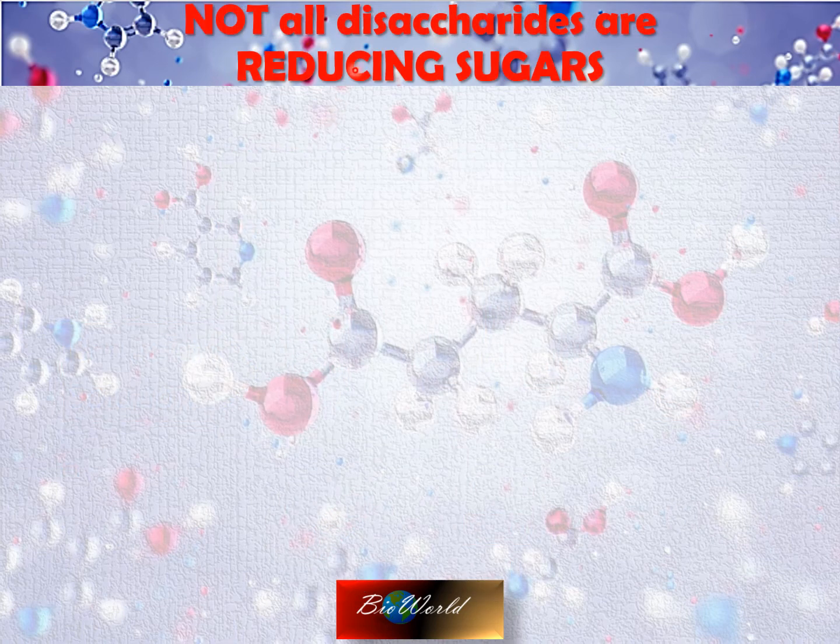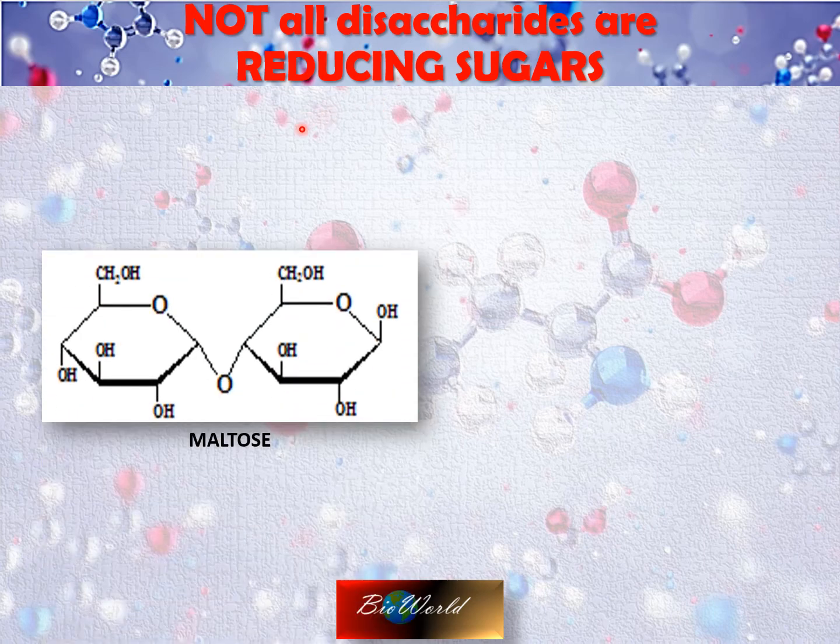However, not all disaccharides are reducing sugars, although they are polar like monosaccharides. Maltose is an example of a disaccharide that is a reducing sugar. Maltose is produced by the condensation of two alpha glucose molecules, and they form an alpha 1,4 glycosidic bond.